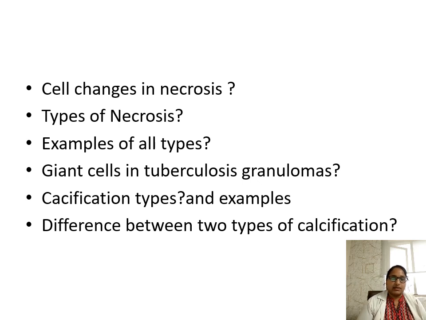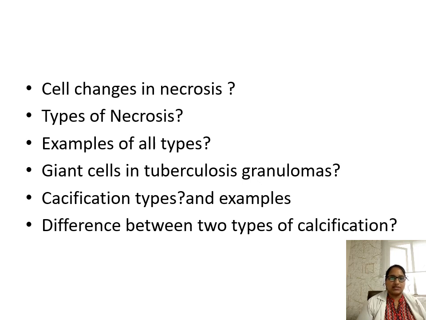Liquefactive necrosis occurs in the CNS and abscess cavity. Caseous necrosis occurs in tuberculosis. Fat necrosis occurs in breast trauma cases and acute pancreatitis, where there will be mesenteric fat necrosis, and fibrinoid necrosis occurs in immune vasculitis. So all these are the examples.